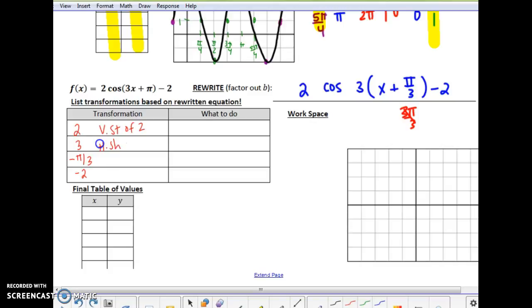Horizontal shrink of 1/3. You're going to move left pi over 3 units, and you're going to move down 2 units. Same thing we just talked about. This one's going to talk to y. This is reciprocal of b, and that goes with x. This is going to be subtract from your x, and this is going to be add to your y.